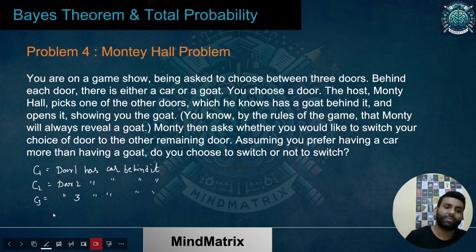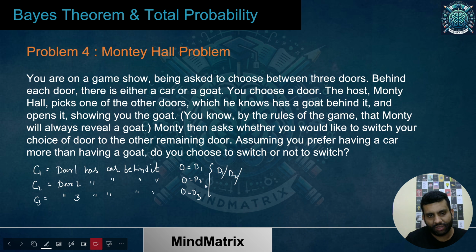Now, if I write something like O equals D1 or O equals D2 or O equals D3, it means D1 or D2 or D3, in the same order, has been opened by the host.